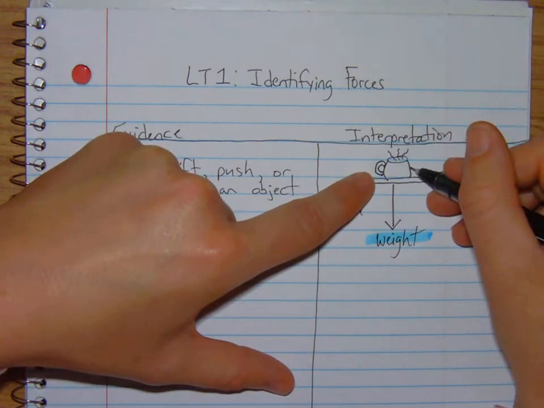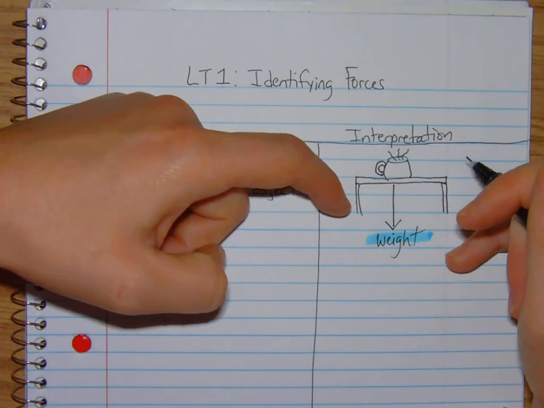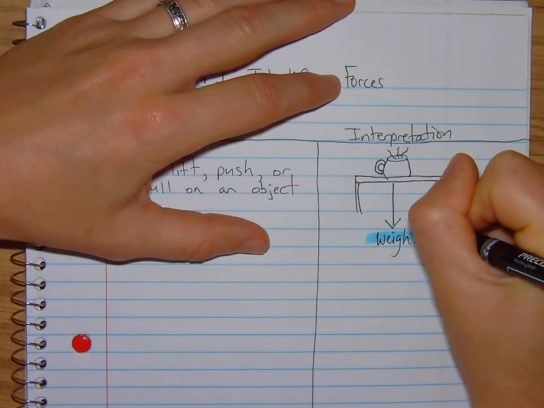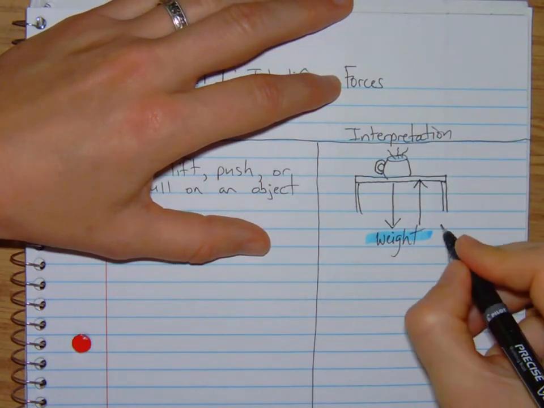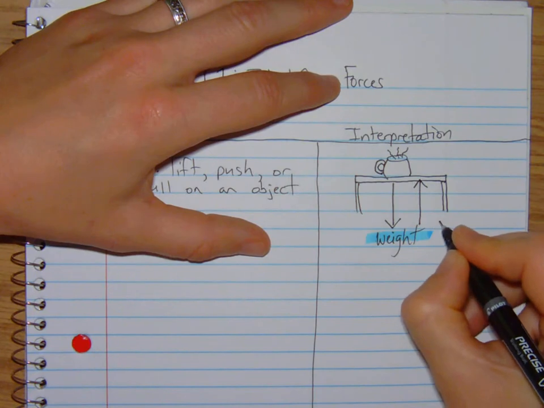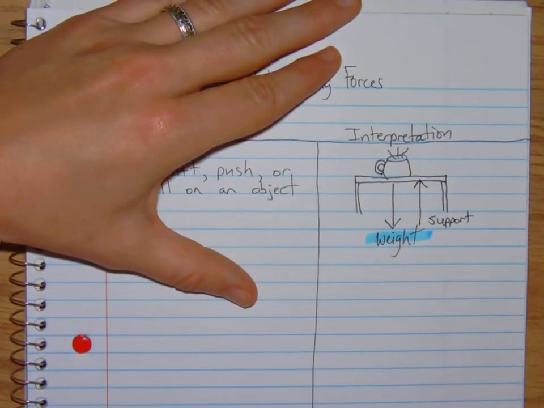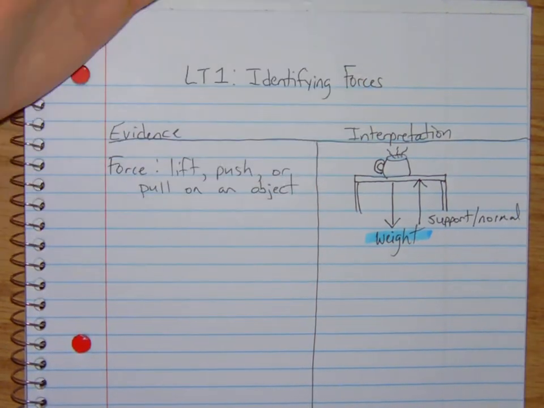Now, your coffee, hot chocolate, whatever that might be, is not crashing to the ground. And that's because the table is able to exert a force. That force is an upward force, and it will be exactly equal and opposite. And that is called 2 different things that mean the same thing. A support force, which probably makes perfect sense, but it's also called a normal force because it acts perpendicular to the object.